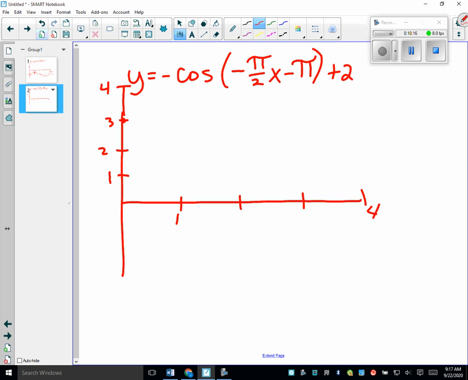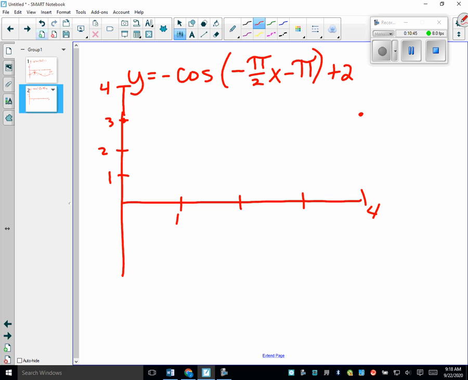Is it 0, 3? Is it also 4, 3? Doesn't it have to start and stop at the same point? Oh, yes. I thought you were talking about the Y. I'm like, wait a minute. No. Remember, it's a period, so it has to come back to where it started. Because sometimes you have trouble finding that last point, don't you?